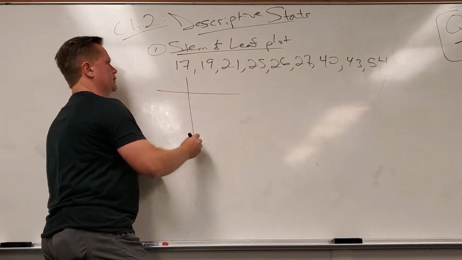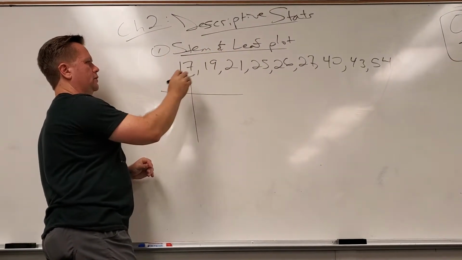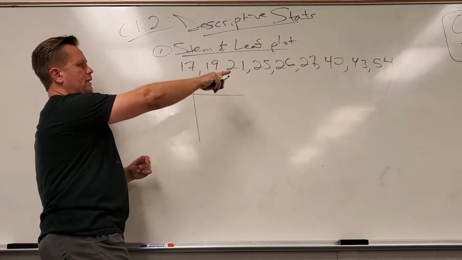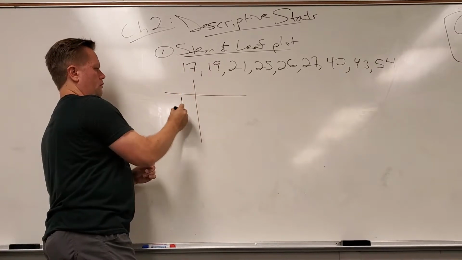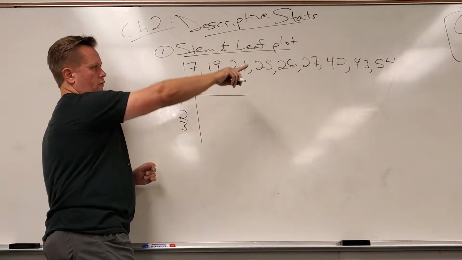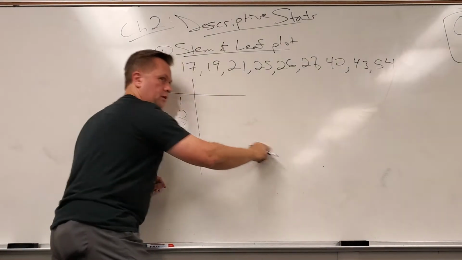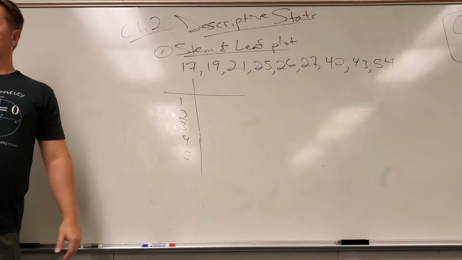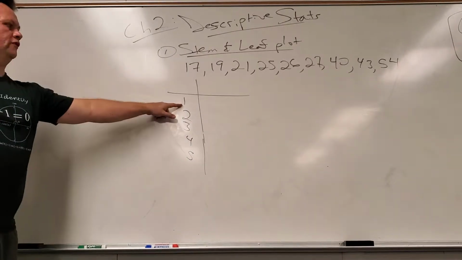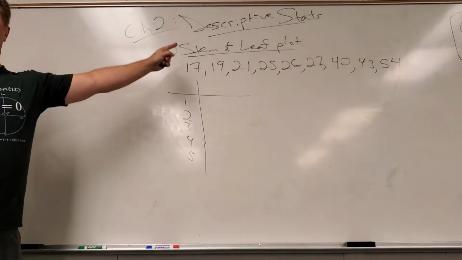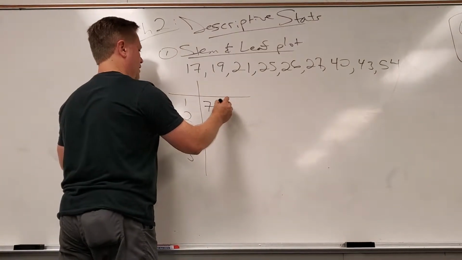So to make this stem and leaf, I think the book just calls it a stem plot because the book is no fun, but my stems are going to be 1, 2, 3, 4, 5. So don't skip anybody. And so this row is going to be empty. Now let me just ask you, what are the leaves that come off of the 1 stem? 7. Yeah, 7. 9.